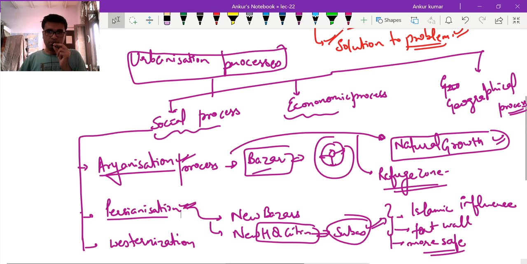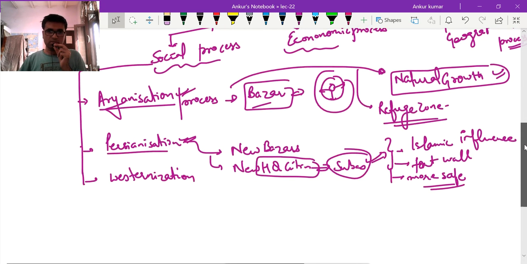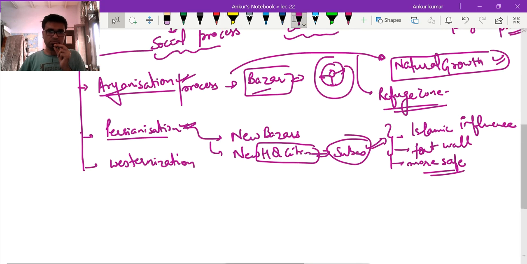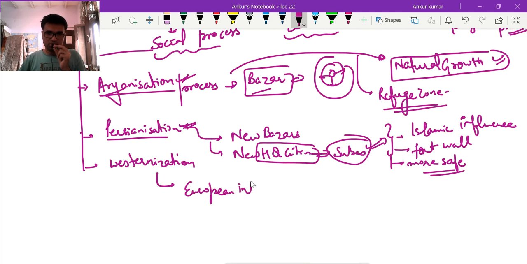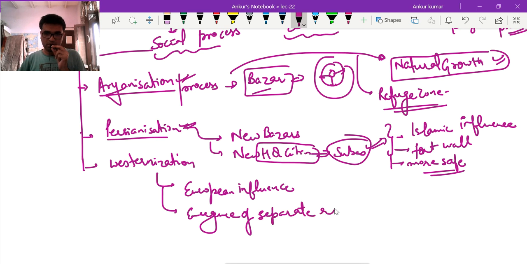However, the Western period was the most recent period in the urbanization process. In the Western period, there was European influence on the cities. Under this, there was the emergence of separate retail and wholesale centers.